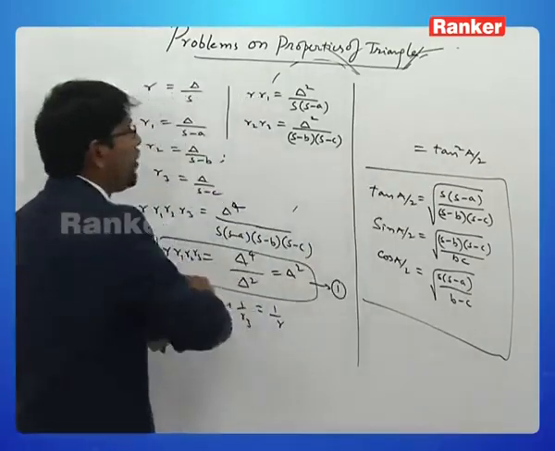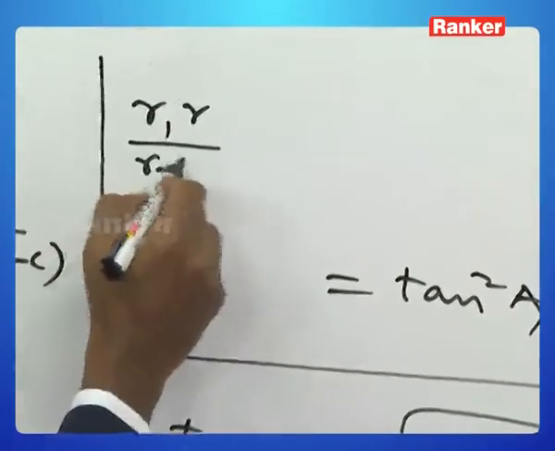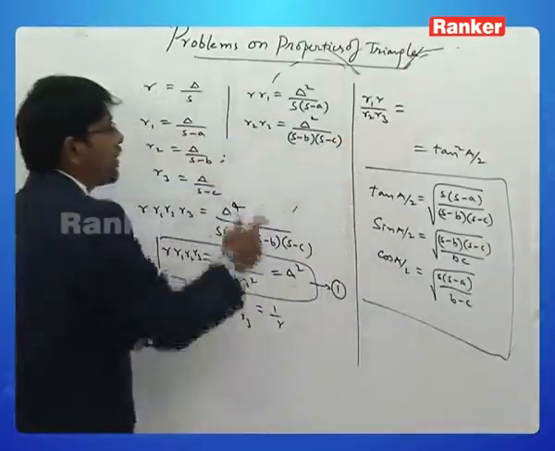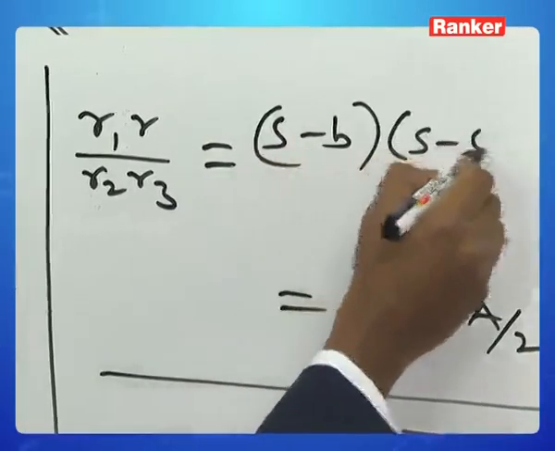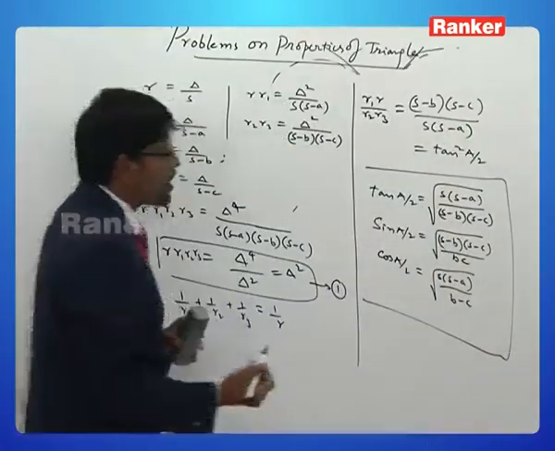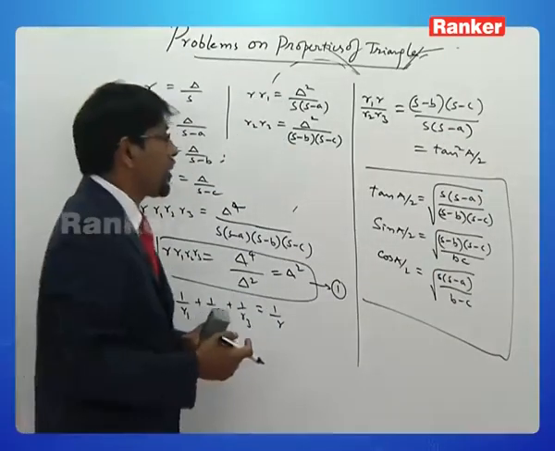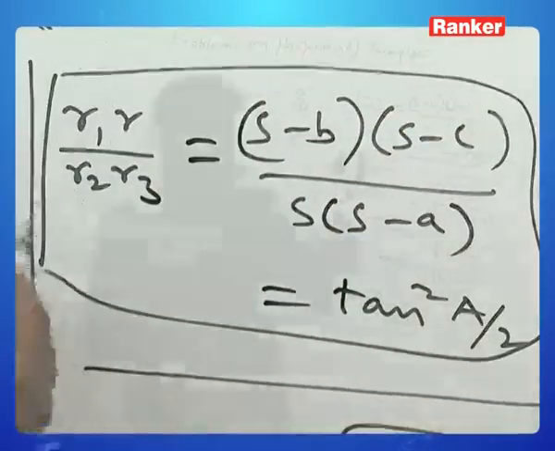So RR1 by R2 R3 is equal to delta square by S into S minus A over delta square by S minus B into S minus C, which is actually tan square of A by 2. So R R1 by R2 R3 is tan square of A by 2.